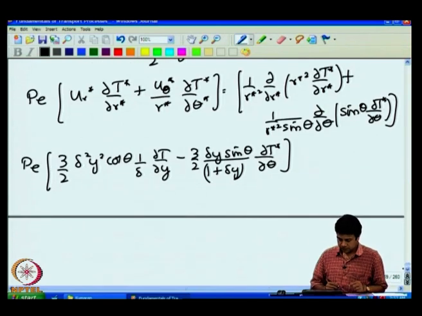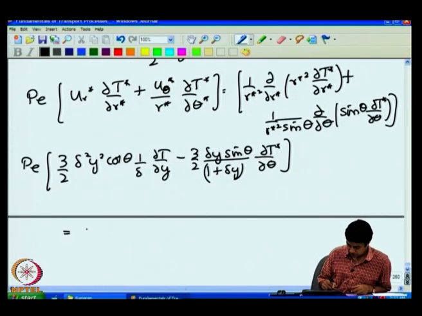On the right hand side, I have 1 by 1 plus delta y the whole square.